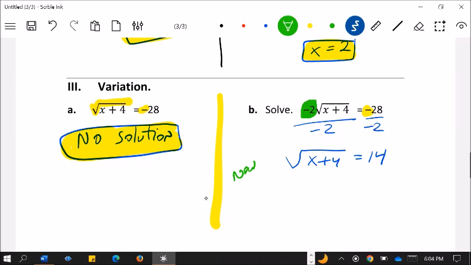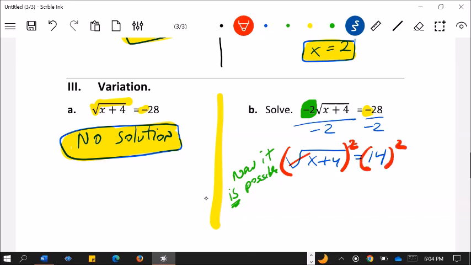Now it is possible. So since it is possible now, that means I can continue working with it. I can square here, and the square root and the square will cancel out. But I also have to square on this side here.